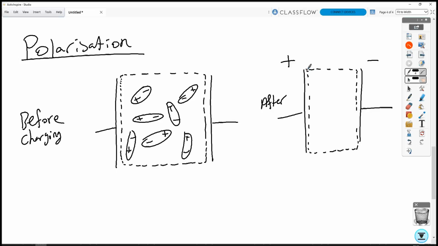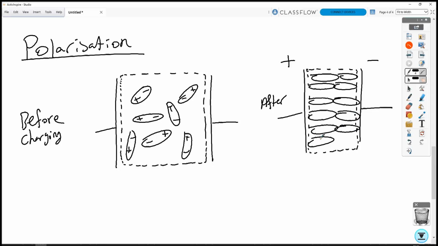And they will rotate due to the electric field between the plates. And so the molecules will end up looking something like this, where the negative ends of the dipole molecules face the positive terminal, and the positive ends of these dipole molecules face the negative terminal.